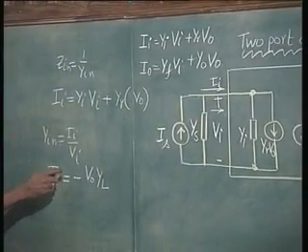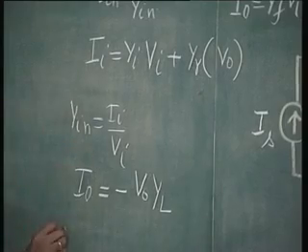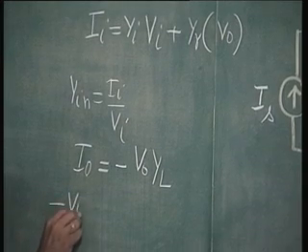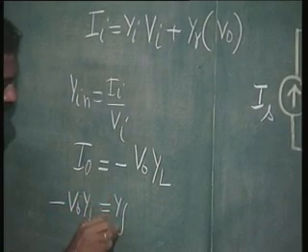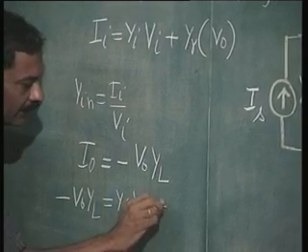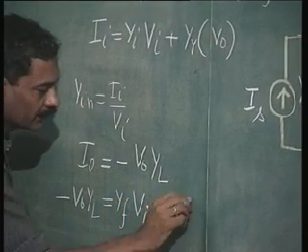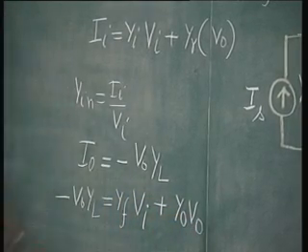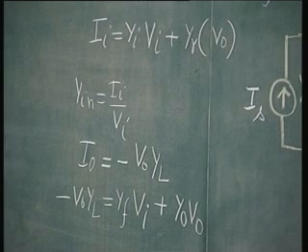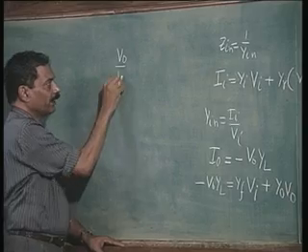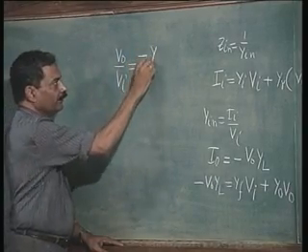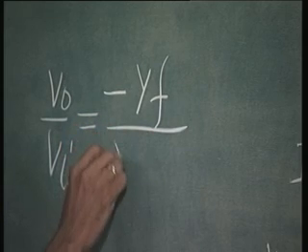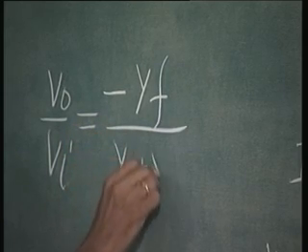So, substitute this I naught in the second equation. We have minus V naught YL equals Yf Vi plus Y naught V naught. This equation yields the relationship between V naught and Vi: V naught over Vi is nothing but minus Yf divided by Y naught plus YL.